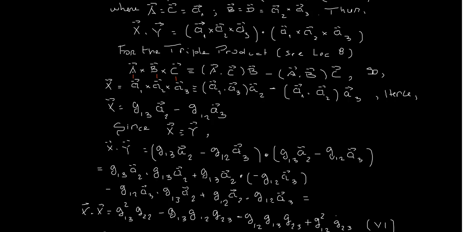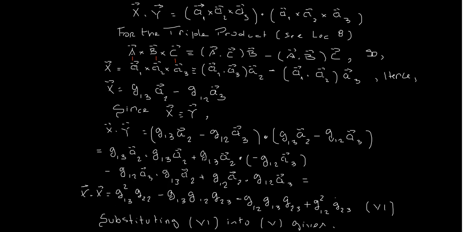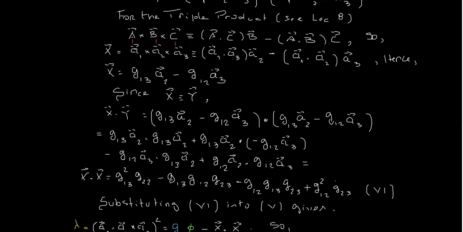Just easy algebra. Okay? Now, then I will have, attention now. For instance, A2, G13, A2 dot G13, A2. A2 dot A2 is G22. That's why it appeared, see, easily, that A2 dot is G22.